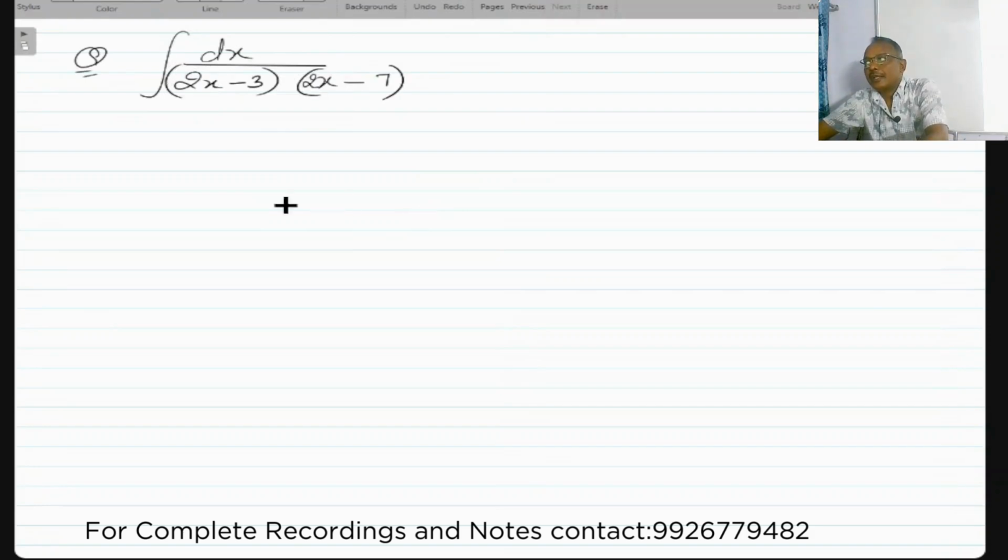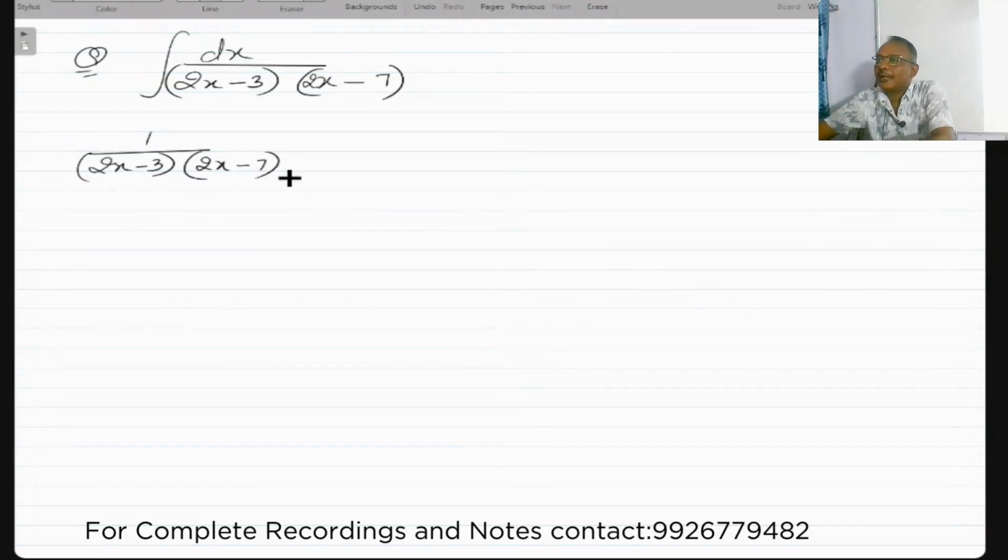Come out of the integral. I can write directly. My smart children will tell me directly what is the difference between these two, beta. 3 और 7 का difference कितना होता है? 4 होता है. Which one is the छोटा number?